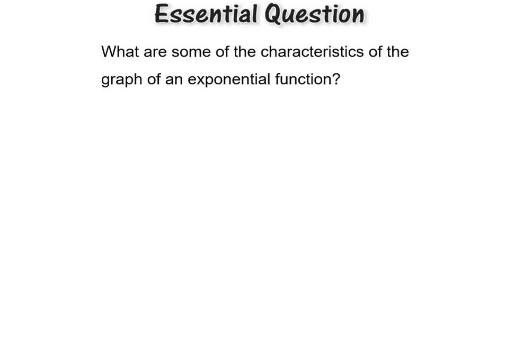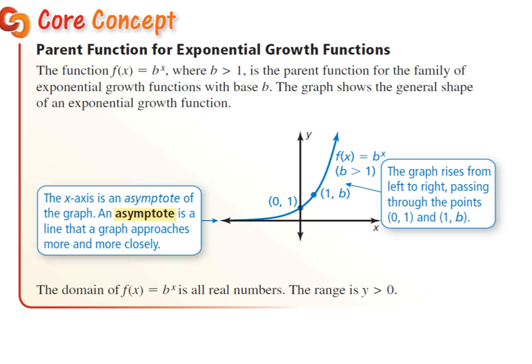So we're going to look at characteristics of the graph of an exponential function. So here's your core concept. This is on page, what in your journal? 29. Page 29 in your journal. And we're going to go through and I would have you read it, but since we're recording, I'll go ahead and read it. It says the parent function for exponential growth functions.